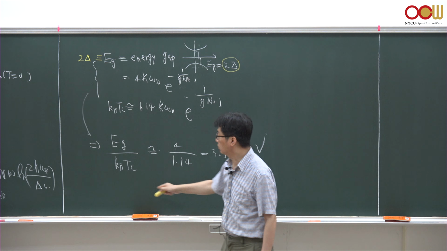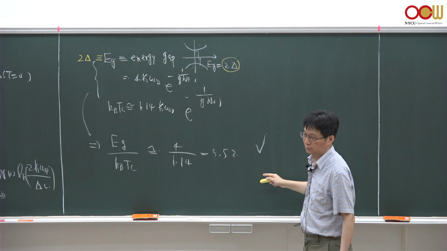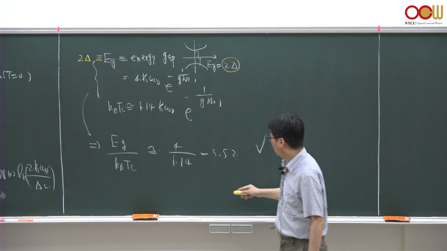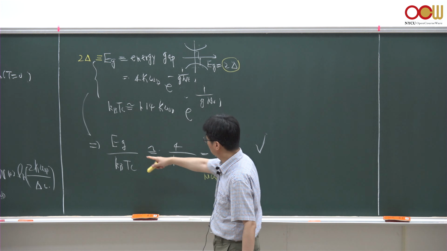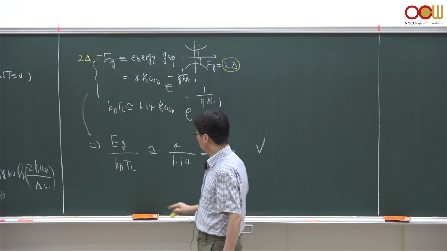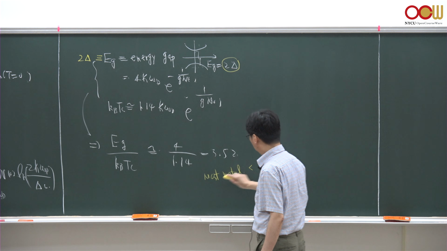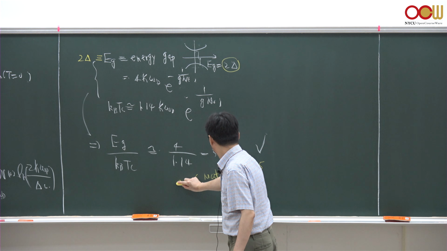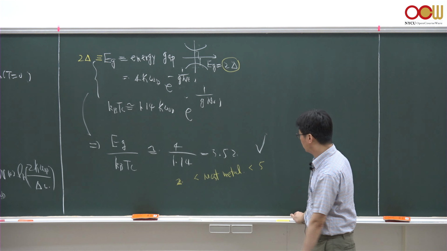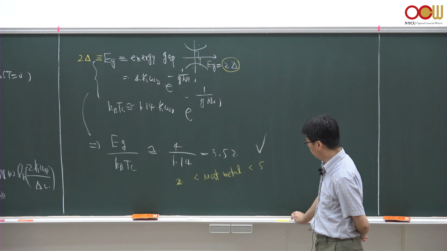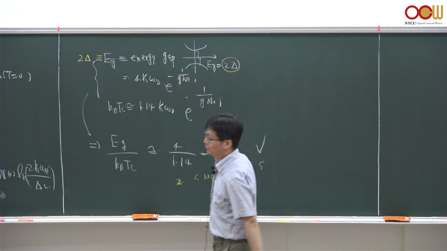You take the ratio, you get the universal constant. Okay, ratio. Most metals have this ratio between EG and kBTc around 2 to 5. So you take the average, 2 plus 5 divided by 2, which is exactly 3.5.